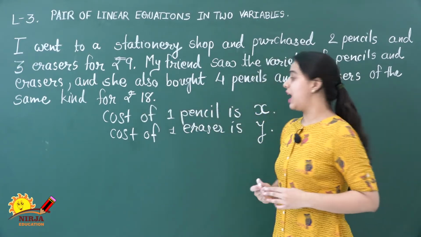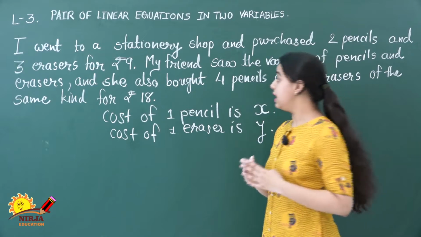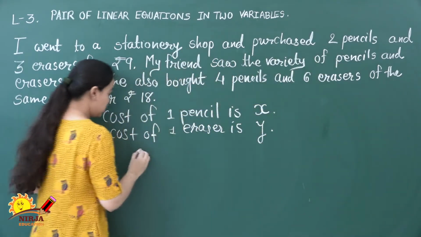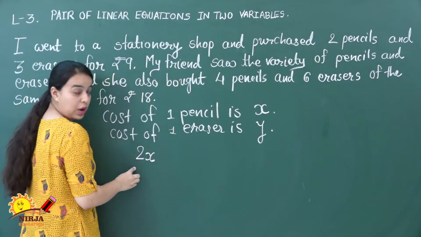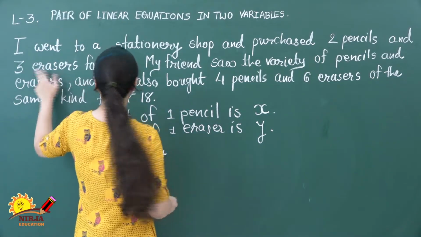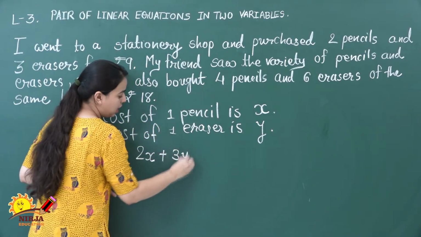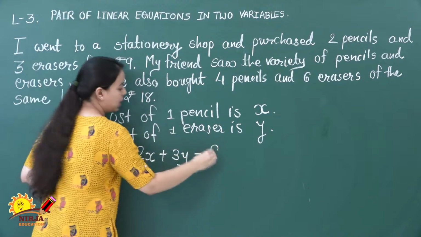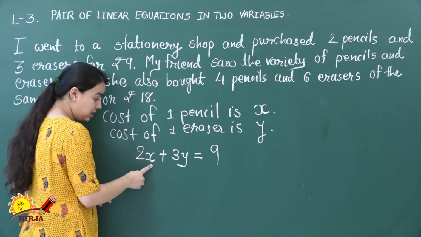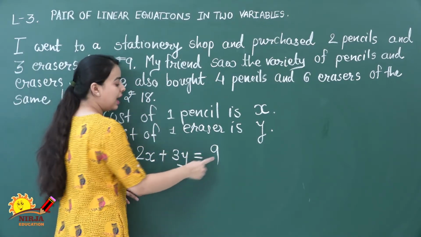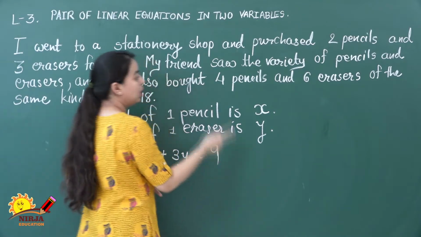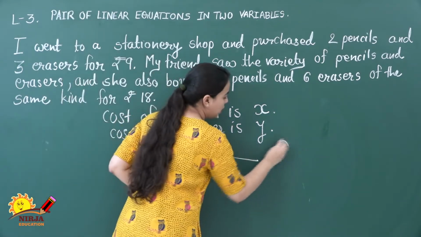Now if we write the scenario as an equation, I can write 2 pencils, 2x, plus 3 erasers, 3y, is equal to 9. That means for 2 pencils and 3 erasers, I have paid 9 rupees. So this is our one equation.